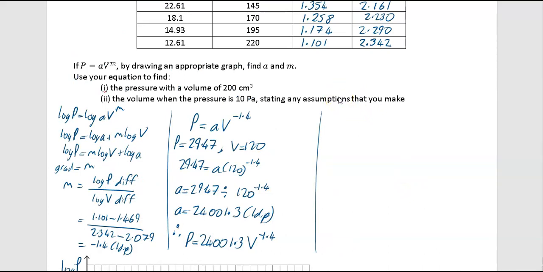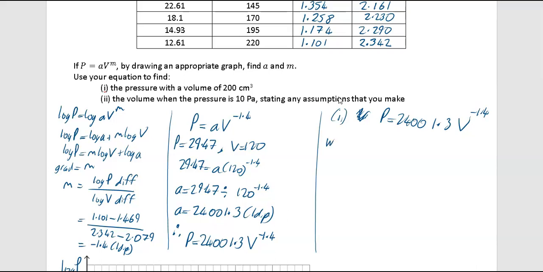So part 1, first thing you want to do is just write down the equation again. It wasn't V, it was P was equal to 2400 1.3 times V to the minus 1.4. So in this question it said find the pressure with a volume of 200.